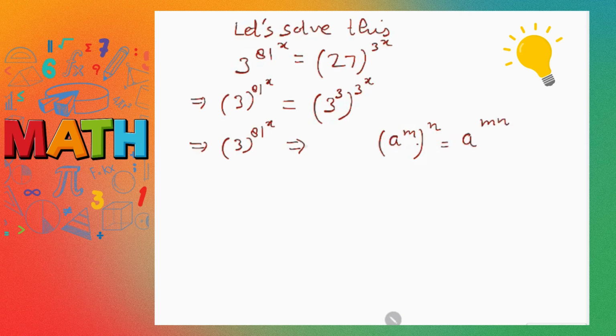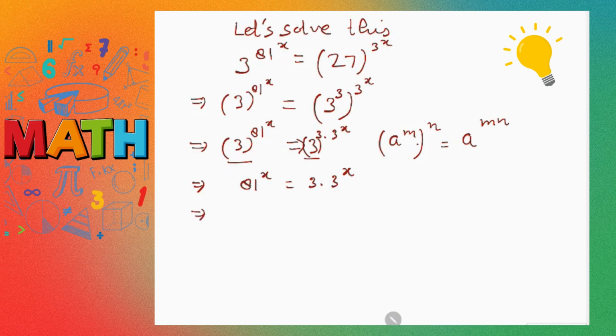So here what will happen is 3 to the power 3 into 3 to the power x. Now as bases are same, powers will be equal. So 81 to the power x is equal to 3 into 3 to the power x.